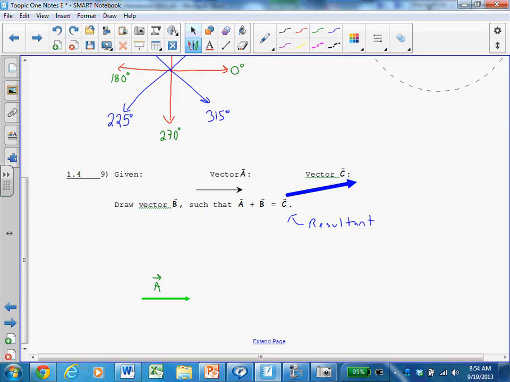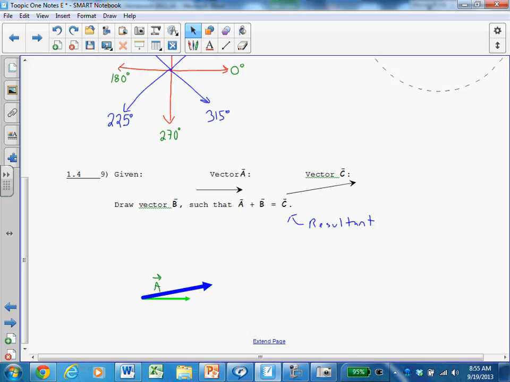When we draw the sum of two vectors, if we had two vectors and we arranged them head to tail, and we wanted to draw the sum, where should the sum start and where should it finish? Sam? It should start at the tail of A and finish at the head of B. So I know it's got to start at A and finish at B. So now I can draw in B, right?